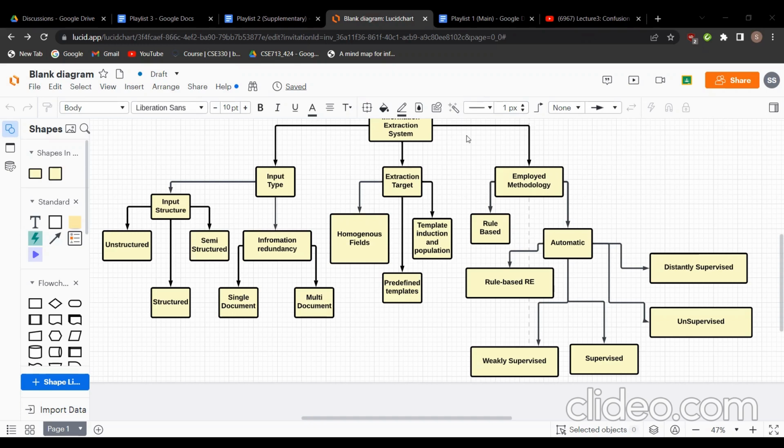So it has some steps: first of all, starting with a set of seed tuples, or extracting a seed set from the unlabeled text with a few handcrafted rules.